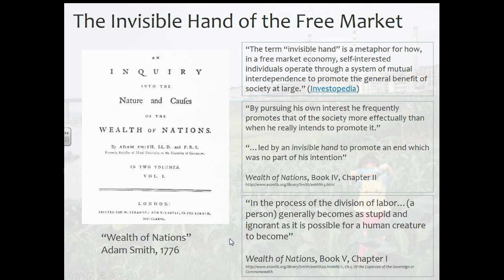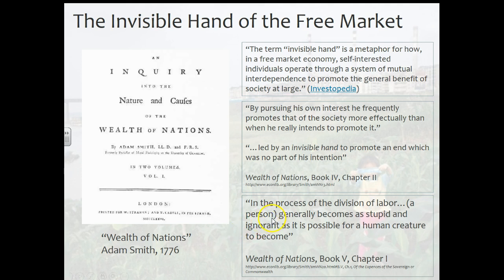Now, to be clear, it's important to put in here that even though Adam Smith is most often pointed to as a very strong proponent of free markets with very little or no government intervention, he was very concerned about some of the impacts of the theories that he put forth. He proposed the division of labor, the sort of mass production, as a way to increase economic output.